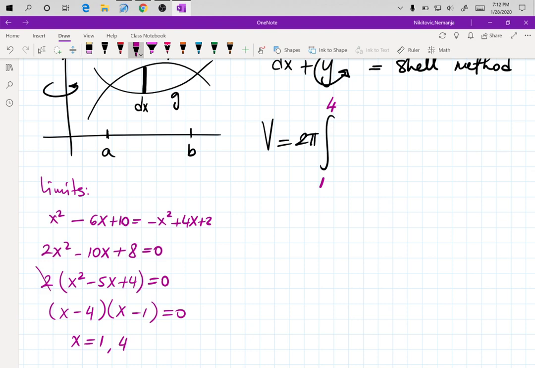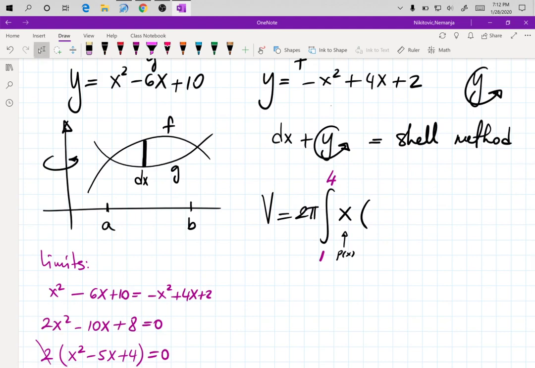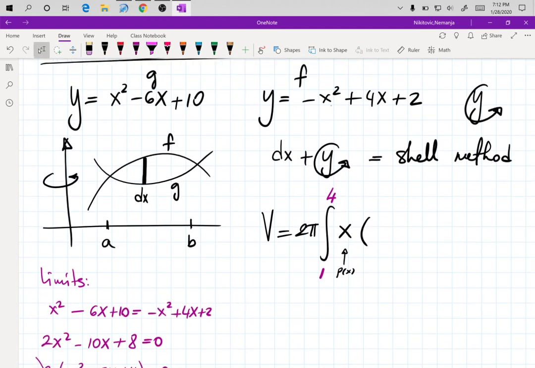So now we have the limits 1 to 4, and we have our p of x. I'm just going to put p of x right there. And then we have to go top minus bottom, upper function minus the lower function, for the height of the piece which you are rotating.